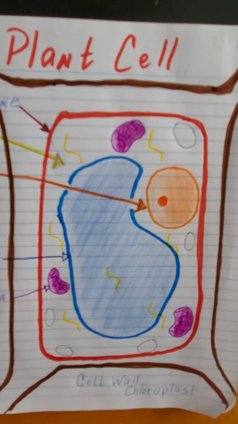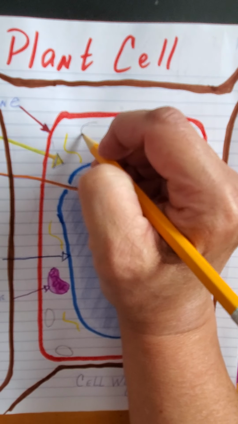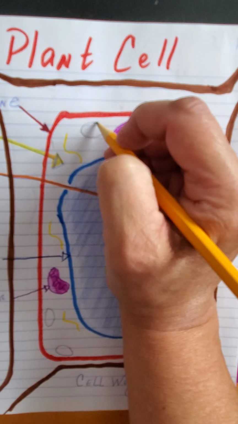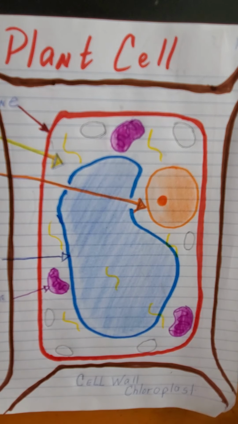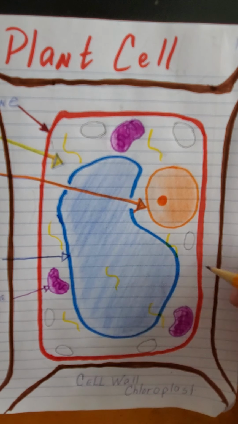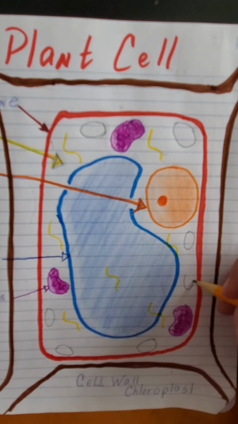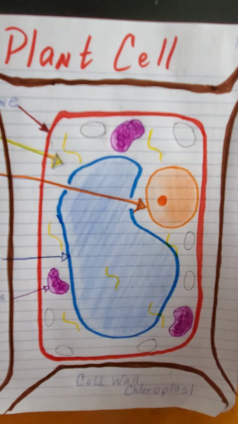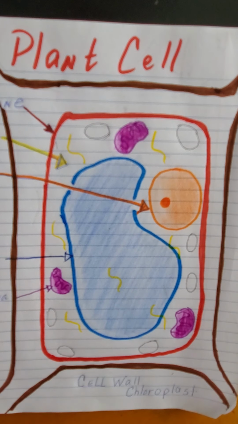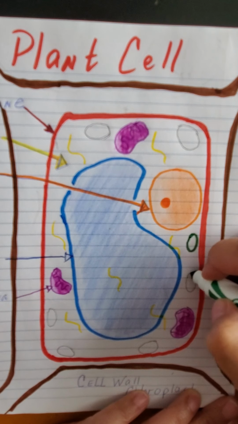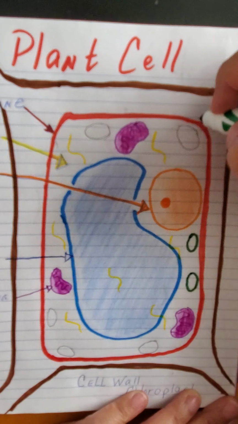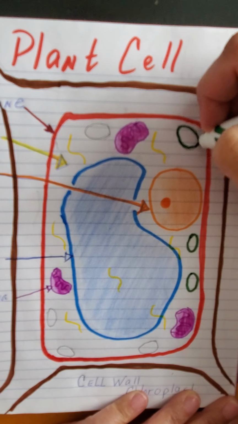And in plant cells, if the plant is in really direct sun, then it makes a lot more chlorophyll. If you take that same plant and put it where it doesn't get a lot of sun, it's not going to look as green. Then your plant is going to stop making so many chloroplasts, which have chlorophyll.